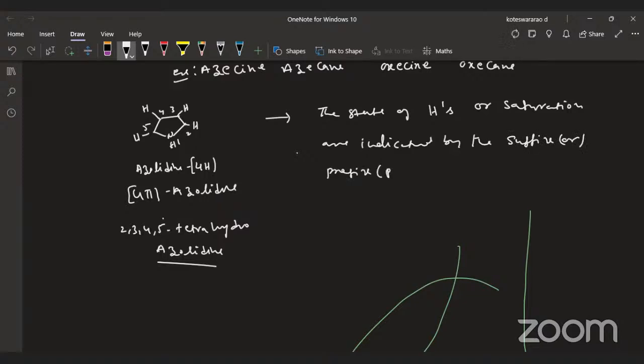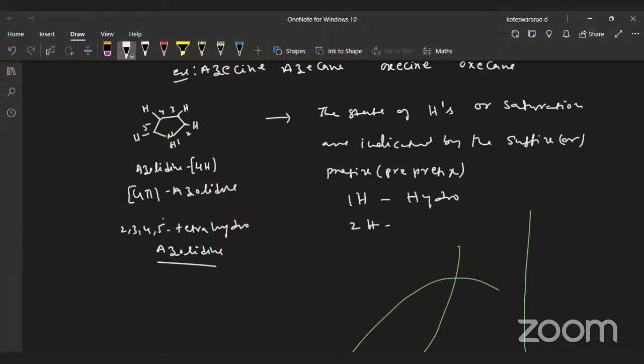It's called a pre-prefix. For example, if two hydrogens are there, extra cyclic in the saturated carbon, dihydro. If only one hydrogen is there, we can also indicate that. One hydrogen, hydro.